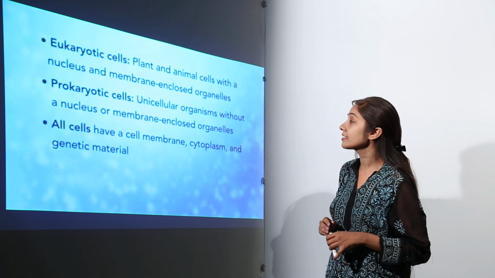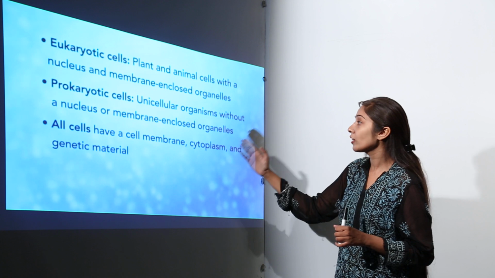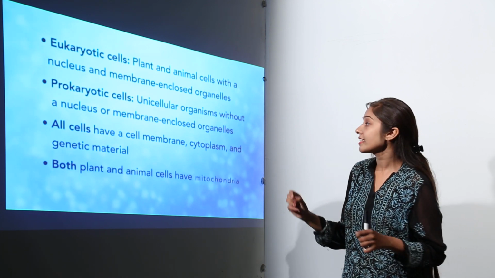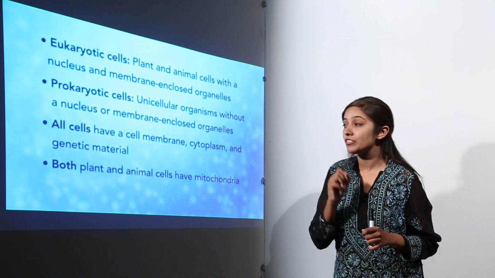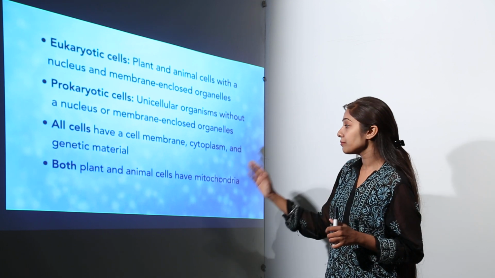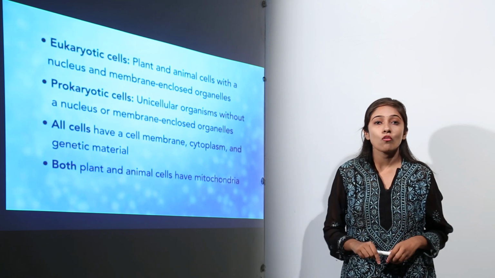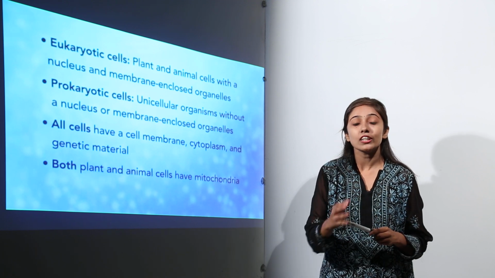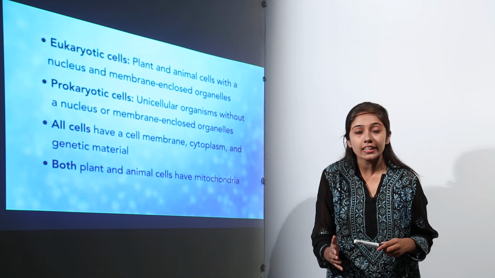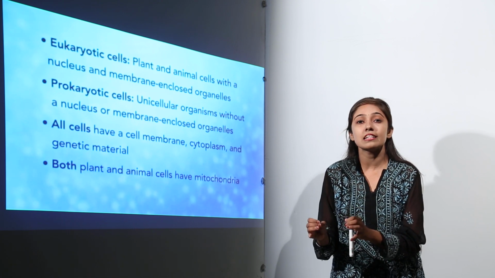Prokaryotic cells are unicellular organisms without a nucleus or membrane enclosed organelles, and all cells have a cell membrane, cytoplasm and genetic material in the form of DNA, and both plant and animal cells have mitochondria. I have just given this overview so that you make up your mind, so that you will study all these structures, all these organelles and prokaryotic cells, eukaryotic cells, plant cells, animal cells in detail.